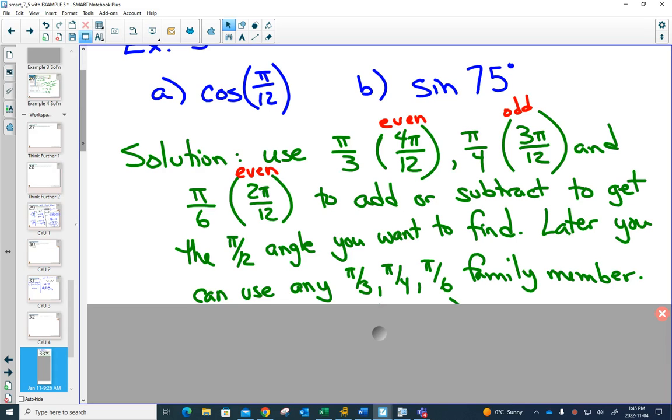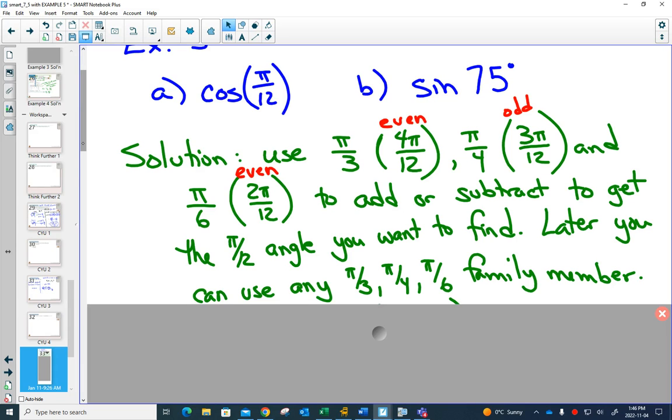Everybody good? So, if we take pi over 3, pi over 4, and pi over 6 and make them over 12, do you see how I took the pi over 3? If I made it a denominator of 12, it would be the same as 4 pi over 12. And pi over 4 is 3 pi over 12. And pi over 6 is 2 pi over 12.